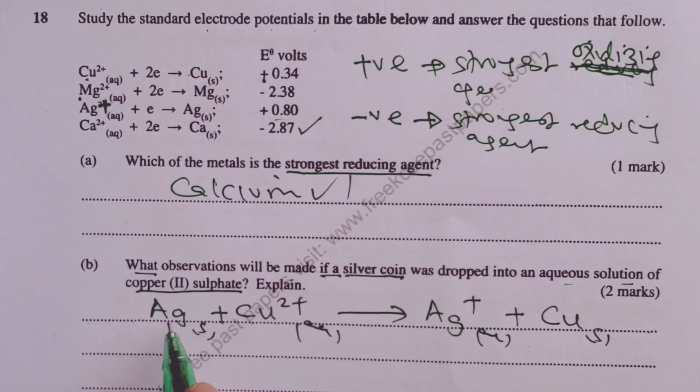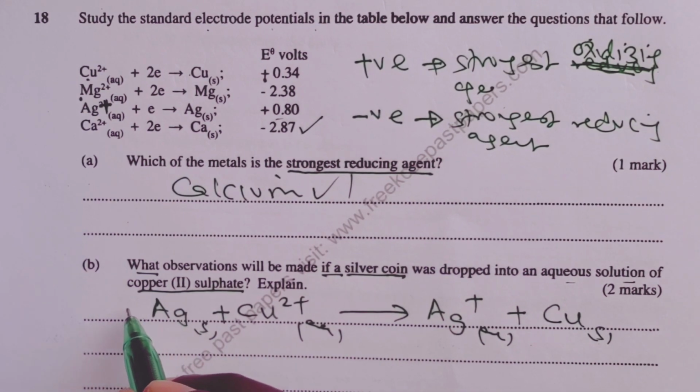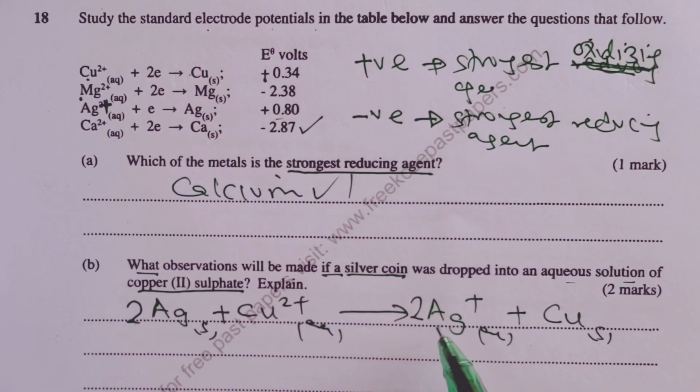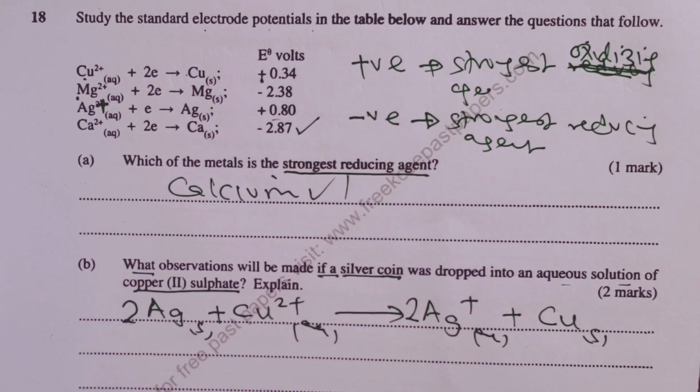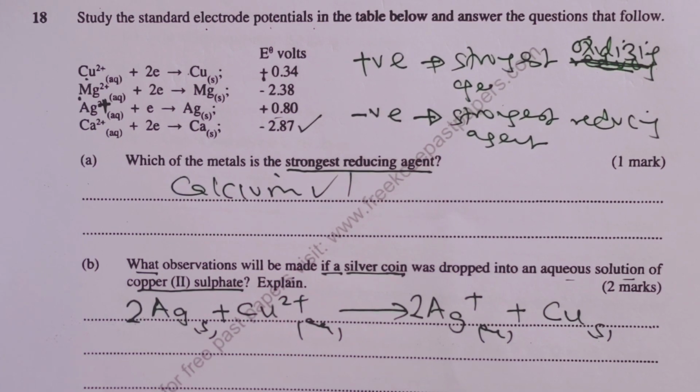So we write it this way, and then we balance the charges with a 2 on silver and a 2 on silver ions. So we shall assume that this reaction actually would take place, and then we work out the E cell. We see whether it is negative or positive. If negative, the reaction will not take place. But if positive, the reaction will take place.